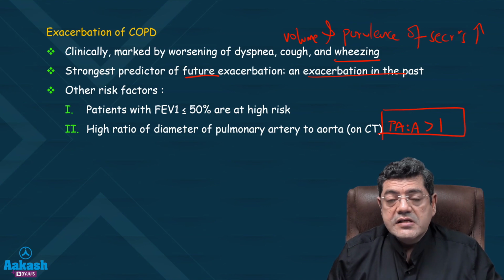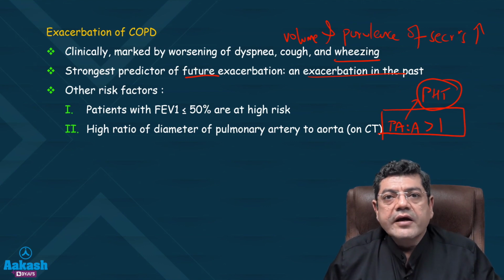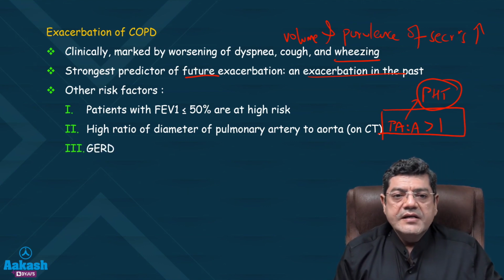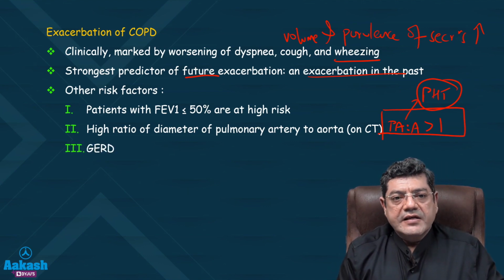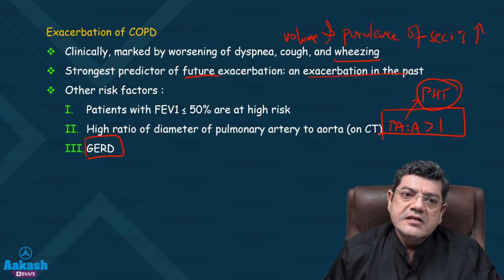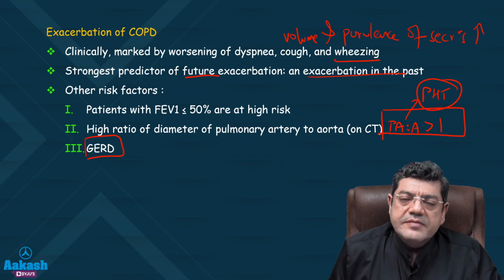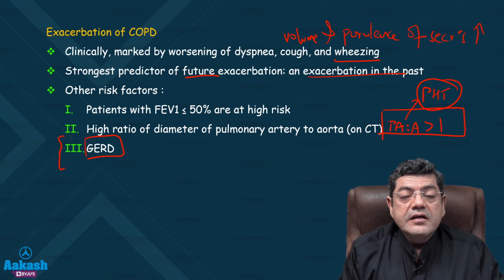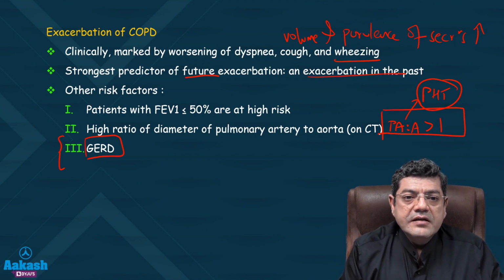It is also incidentally a better marker of pulmonary hypertension than doing a 2D echo, right? Besides this, if they suffer from gastroesophageal reflux disease. Now, why is gastroesophageal reflux disease a risk factor for exacerbation? Because when they have reflux, there is a very high chance of micro aspiration into the lung.